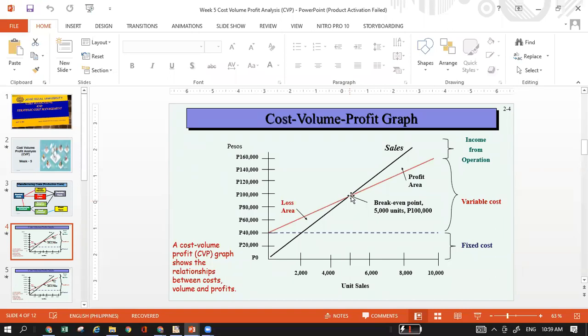It means that we can sell 5,000 units at 100,000, and after that we will have our net profit. If you can sell 5,000 units, you have now your break even point. It means you will have no profit nor loss, and you will get back your investment.